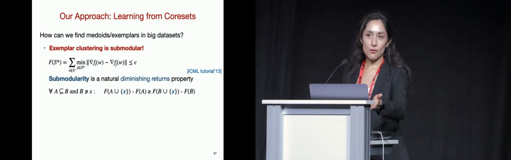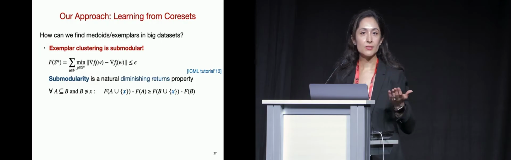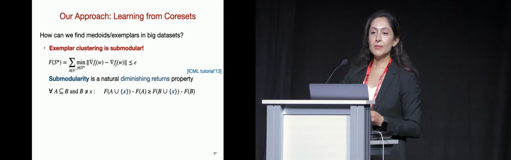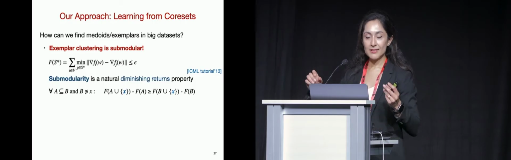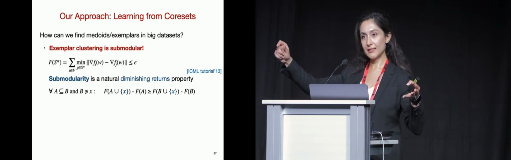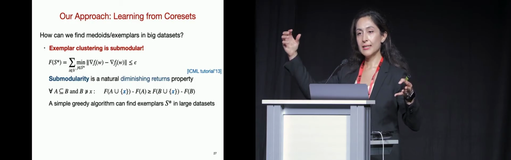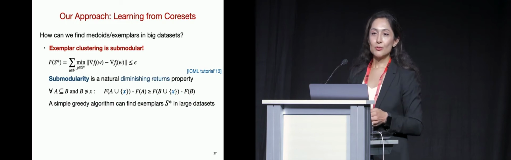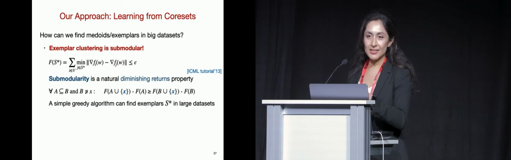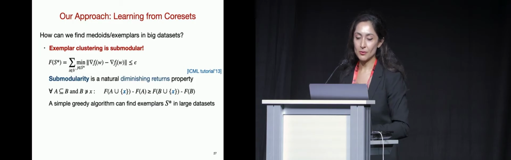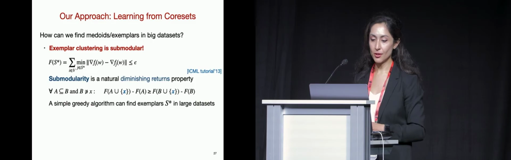And this is a submodular function. Submodularity is a property of set functions. Some set functions have this property, which is a diminishing returns property, which means that if we add a new example to a larger subset, the gain is going to be smaller than if we add the same example to a smaller subset. There is a good tutorial on submodularity at ICML 2013, which, if you want to know more about submodularity, is a great tutorial.